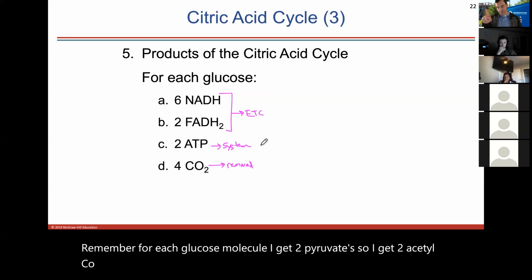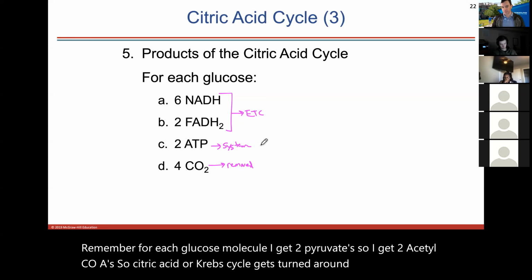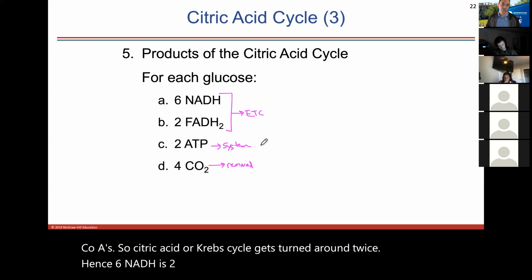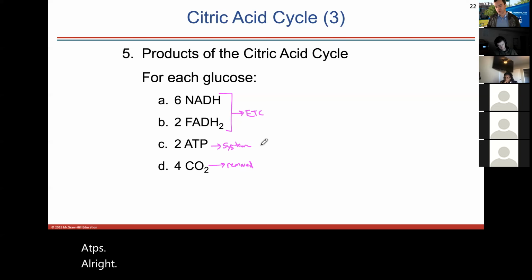So citric acid or Krebs cycle gets turned around twice. Hence 6 NADHs, 2 FADH2s, 4 CO2s and 2 ATPs.